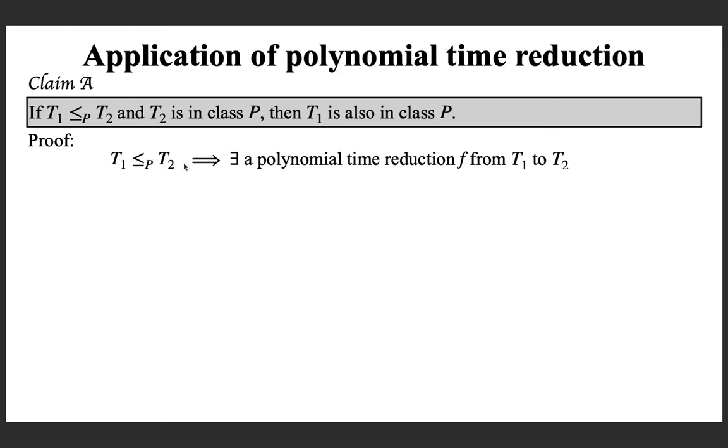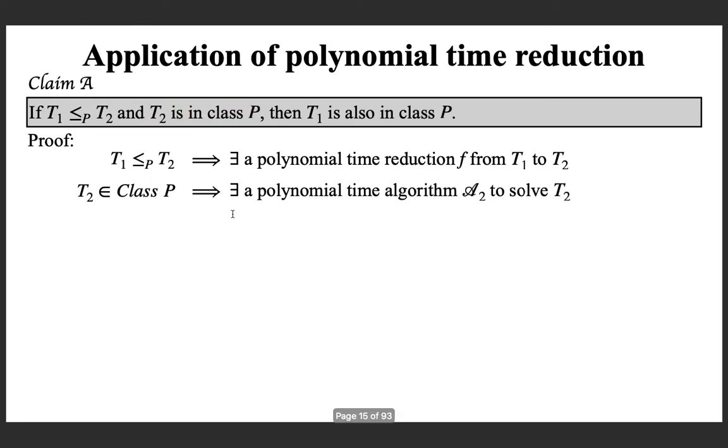This is what we learned in the previous lecture. Now in the claim we also assume that T2 is in the class P. T2 is in the class P means by definition of class P, there exists a polynomial time deterministic algorithm A2 to find the solution for T2.